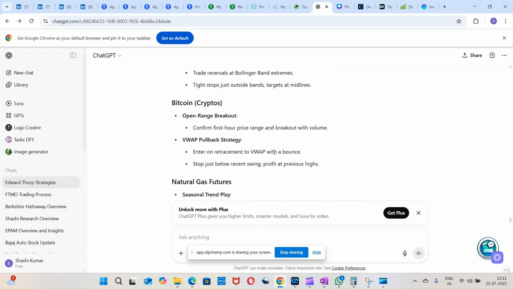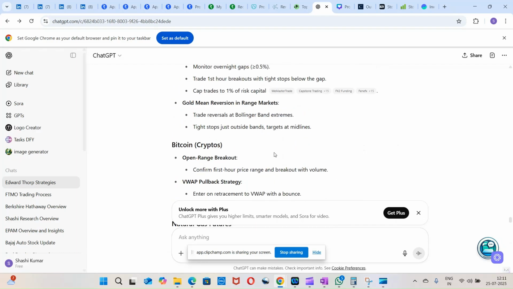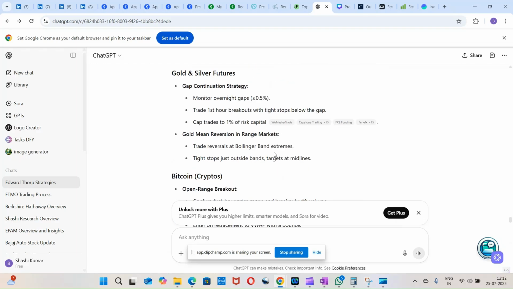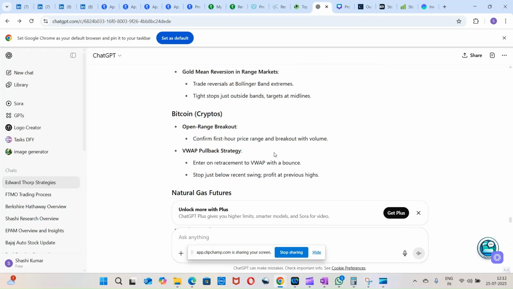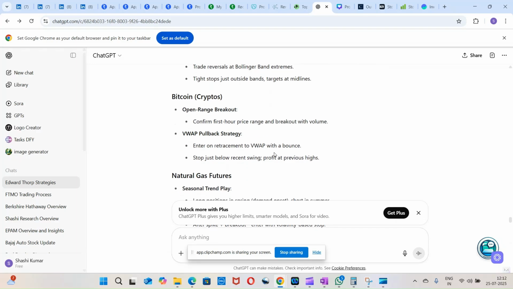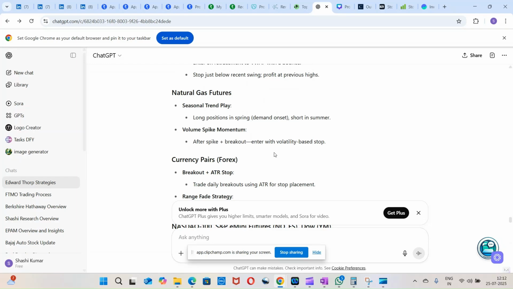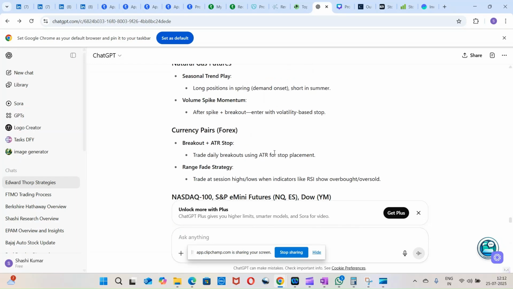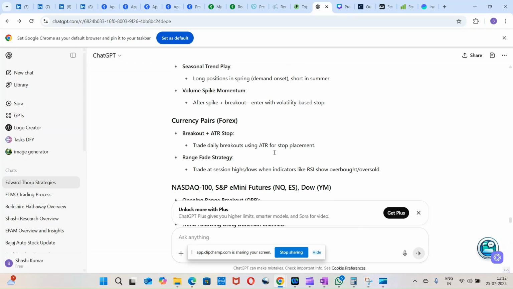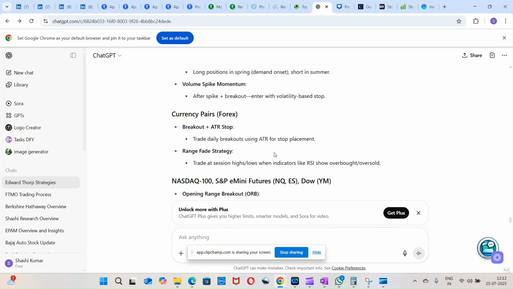Like gold, there is mean reversion in ranging markets, gap continuation. Bitcoin, opening range breakout 1 hour, and pullback. Natural gas, seasonal trend play, volume momentum spike. Currency, daily breakouts plus ATR, and whenever highs and lows, the range is fading out, overbought oversold, you could do trading.